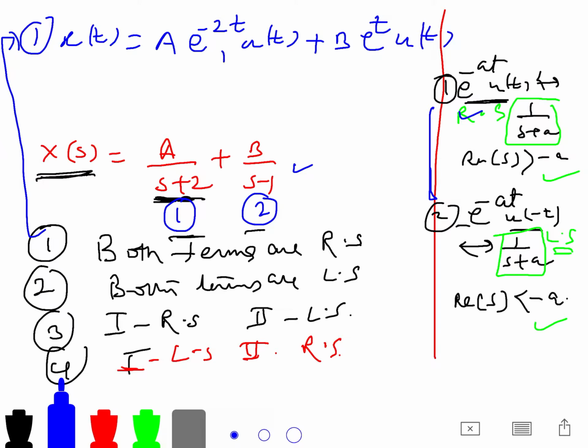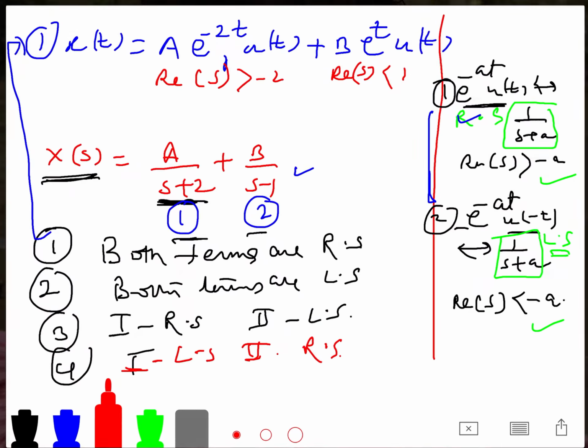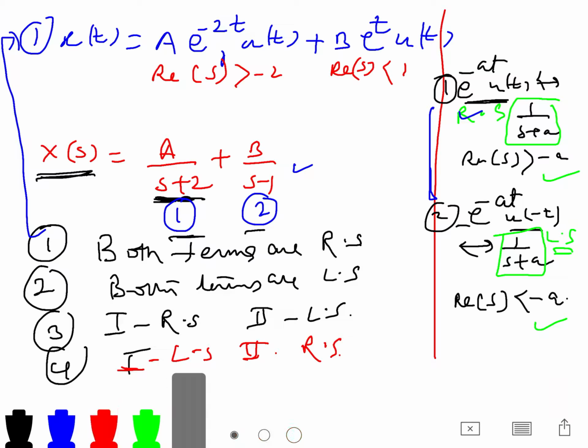As both are right-sided, the ROC for this will be real part of s greater than minus 2, and for this, it will be right-sided, so it will be greater than 1.